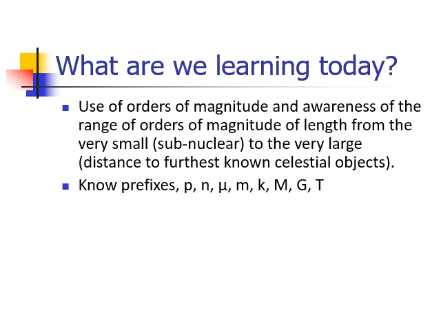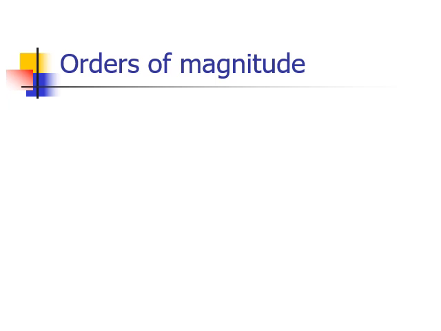The things we will cover today is using different orders of magnitude from very small objects within the nucleus to larger objects in different solar systems and galaxies, and also an understanding of the different prefixes: pico, nano, micro, milli, kilo, mega, giga, and tera, and what they mean. Let's start with orders of magnitude.